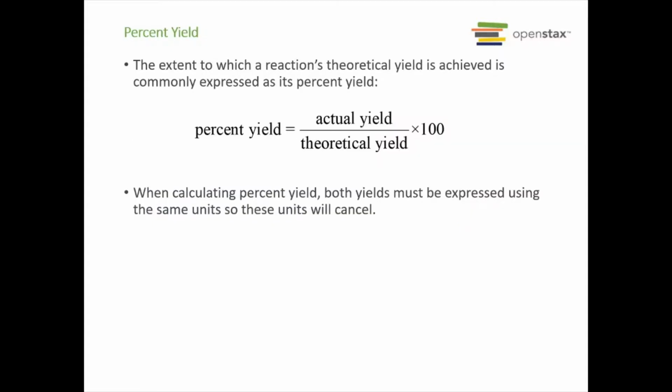So we calculate percent yield, and this is a way to see how close you are to that theoretical yield. To calculate percent yield, you take your actual yield, which is given to you if you're on an exam or a quiz. Or if you're in lab, this is what you measure at the end, your product.